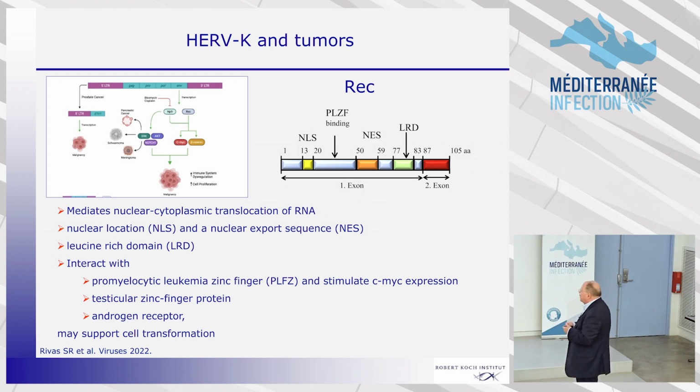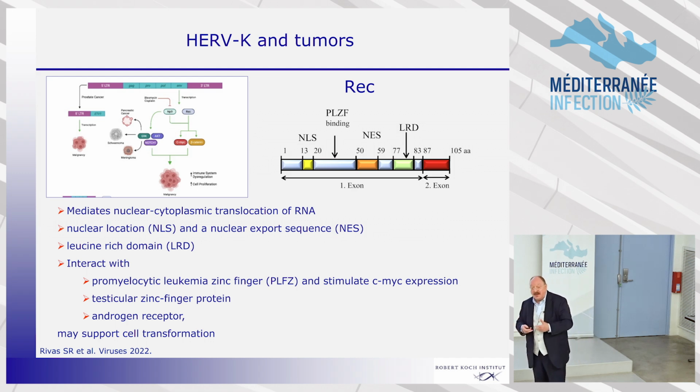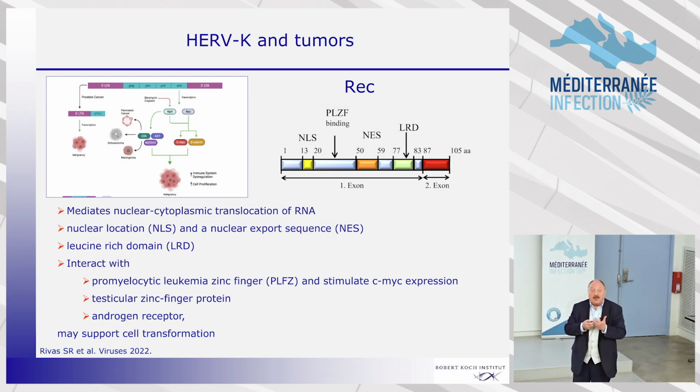But in other cases, I guess that the expression of endogenous retrovirus is simply the result of the extensive proliferation of tumor cell and has no effect, and it's not the cause of the tumor development.